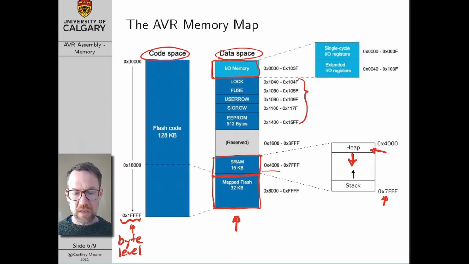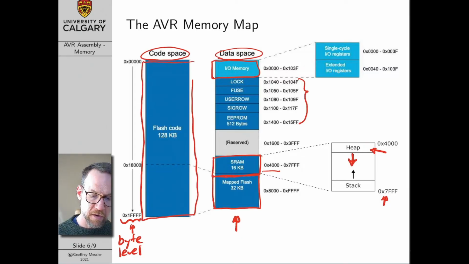And so I just wanted to give you this overall big picture as far as the areas of memory that we're going to be looking at in these lectures when we start to debug our assembly language code, we're going to be looking at code space. So we're going to be looking at the addresses here.